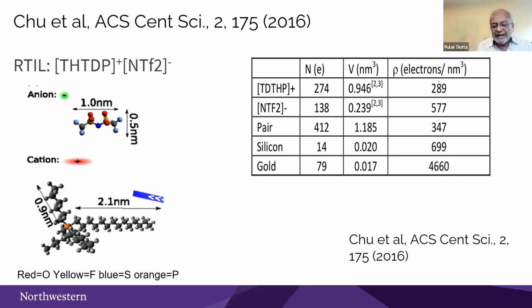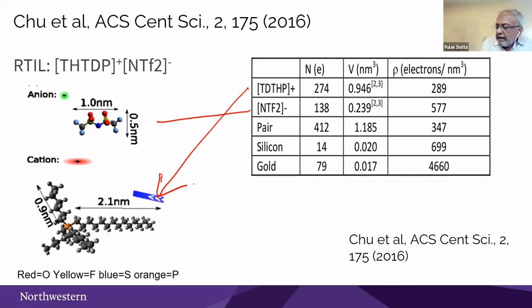Organic molecules have this problem that they all have the same electron densities, but these have things like fluorine and sulfur in them. So this is a small ion with a higher density. Okay, this is NTF2, and this is the cation.